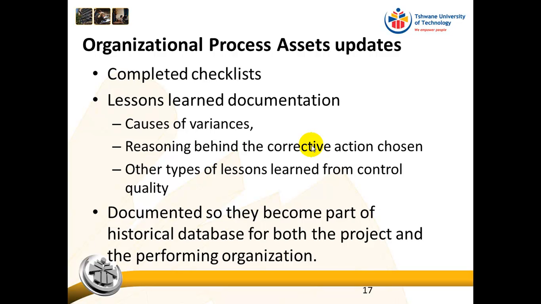But when we talk specifically about quality, the things that we are looking for are the causes of variance, the reasoning behind why we chose a specific corrective action, because there would probably be more than one way of correcting something, but we now have to capture why did we choose that way above another way, so that the next project can learn from that. And then also any other types of lessons learned from the control quality process.